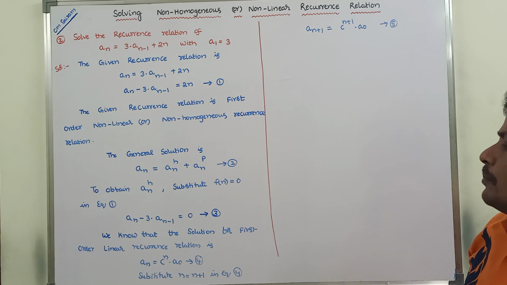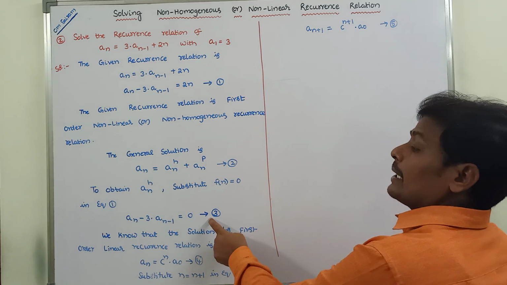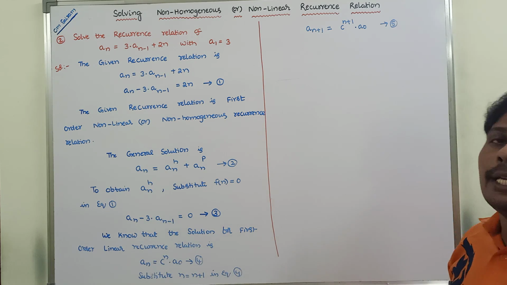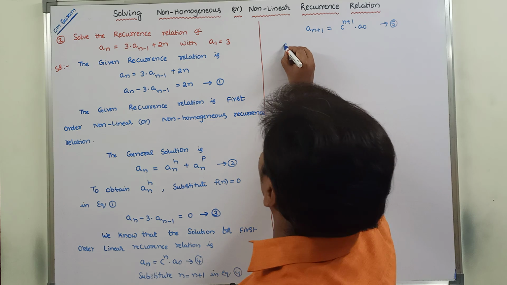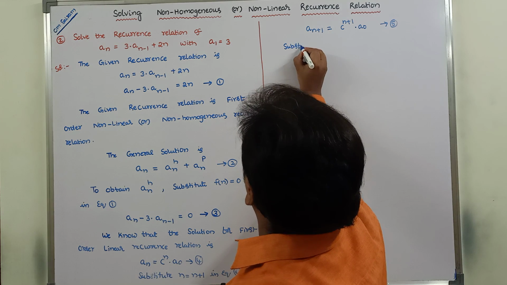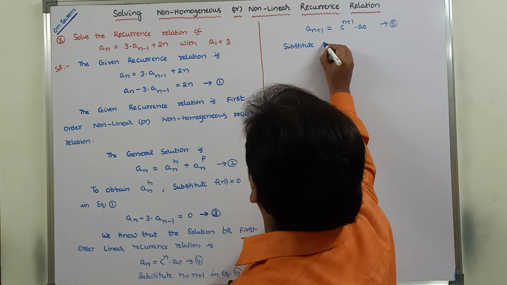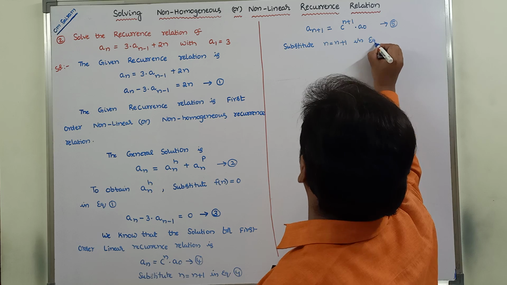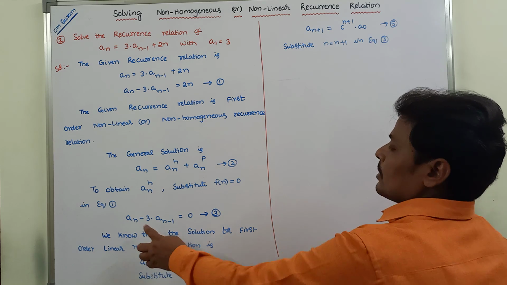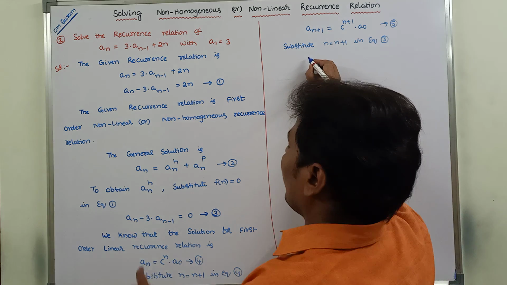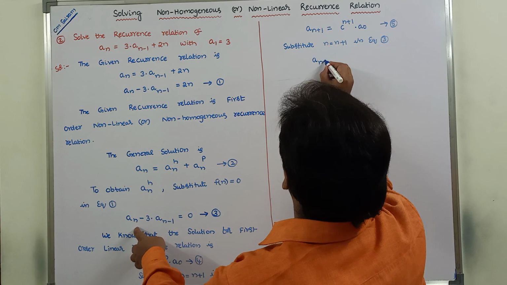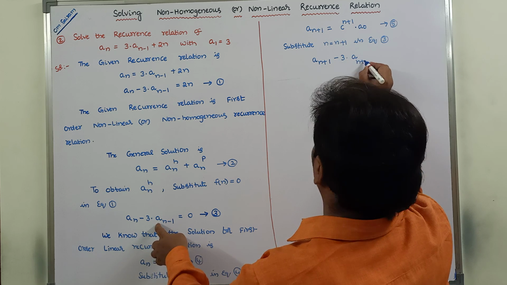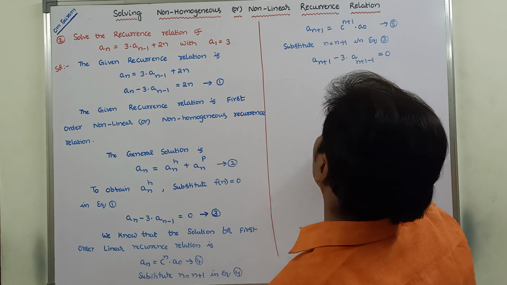Next, I am taking equation 3. Here we are substituting n is equal to n plus 1 in equation 3. So we get a suffix n plus 1 minus 3 into a suffix n plus 1 minus 1 is equal to 0.